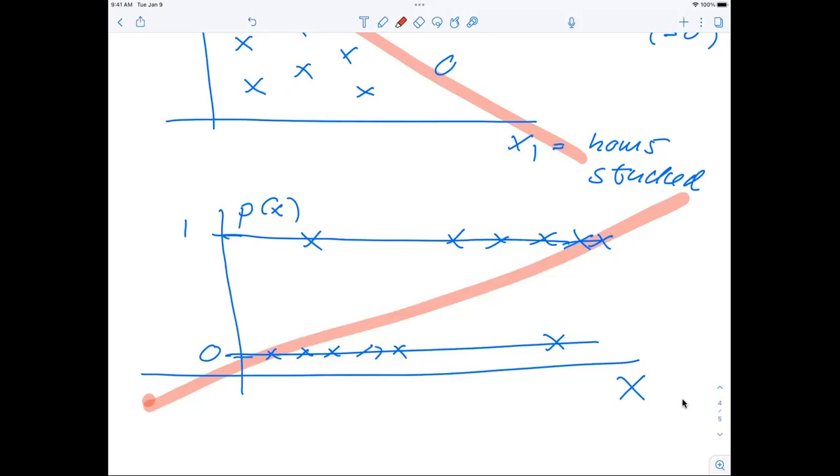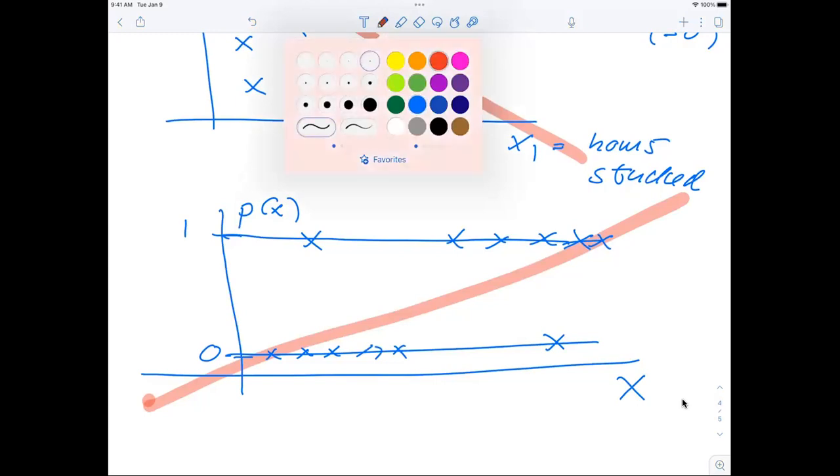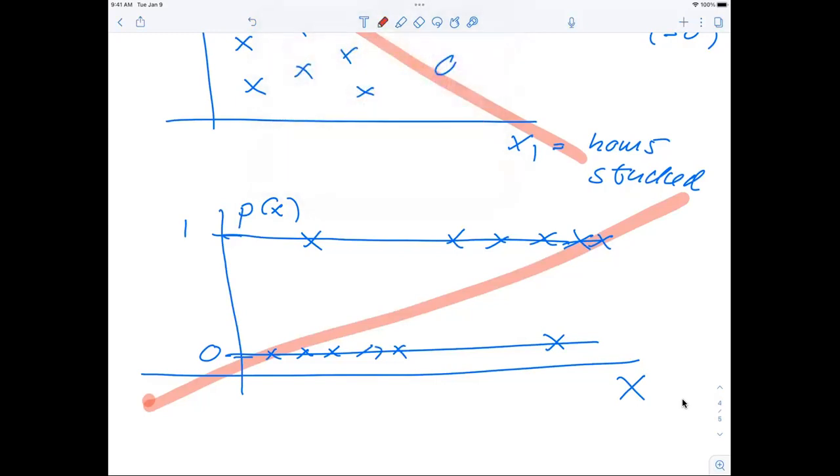So that means that what you would like to have would be more something like this. So you would like a function which you fit, which looks something like this. Then what you would like to say is that if the value is below 0.5, and you see the curve crosses here, then you would say that the output is 0.